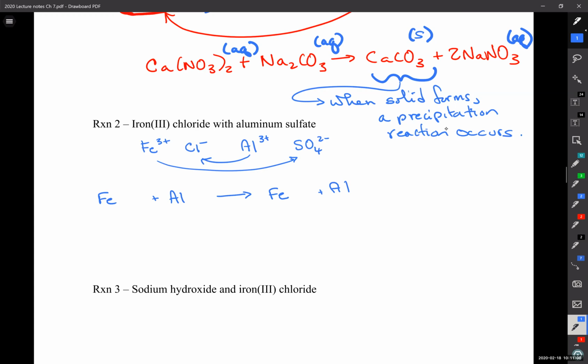Oh, yeah, 3 plus 3. And then the Cl's minus 1. Alright, so it's on your right iron chloride and sulfur.